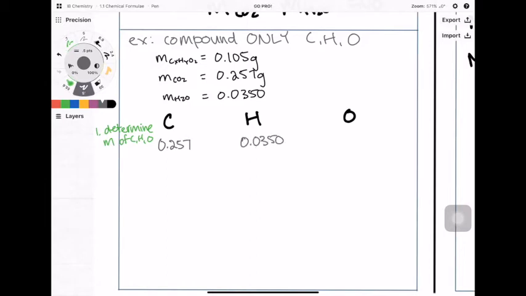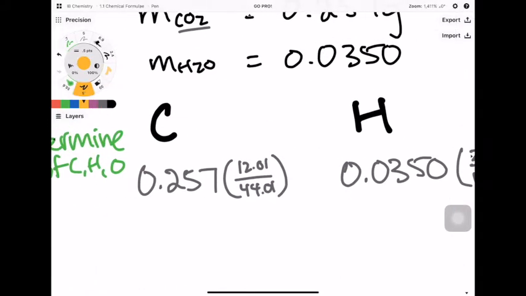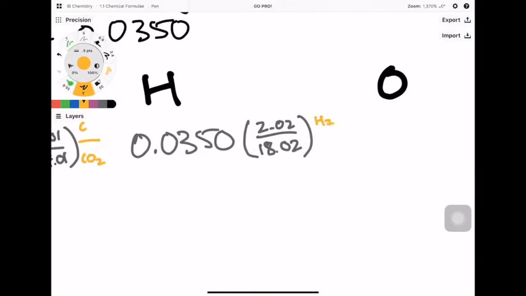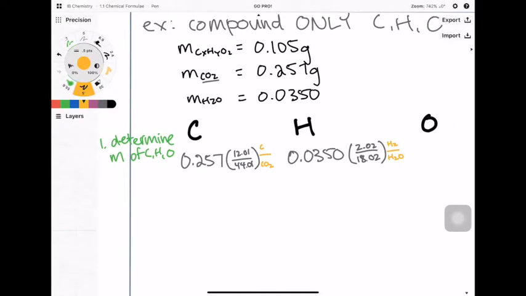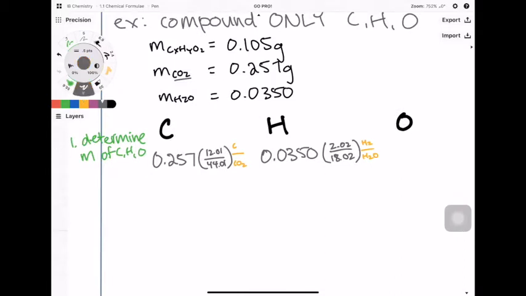So the first thing to do is write down the mass of CO2 and H2O. And then you need to take that mass and multiply it by the percentage of carbon that you have in CO2 and the percentage of hydrogen that you have in H2O. What does that mean? Well, carbon in CO2 is 12 grams out of 44 grams per mole of CO2, and hydrogen is 2 grams per mole out of the entire 18.